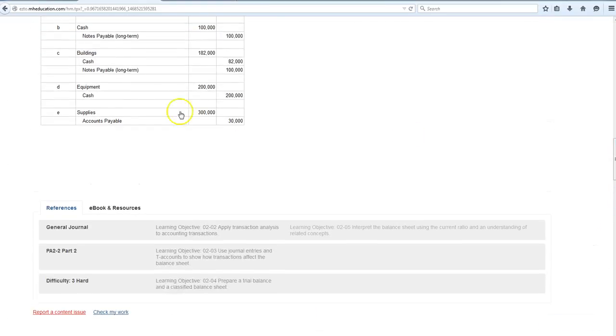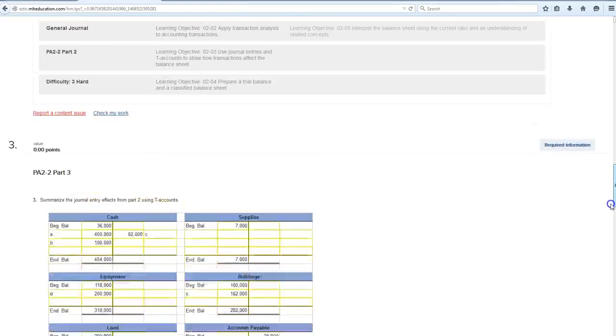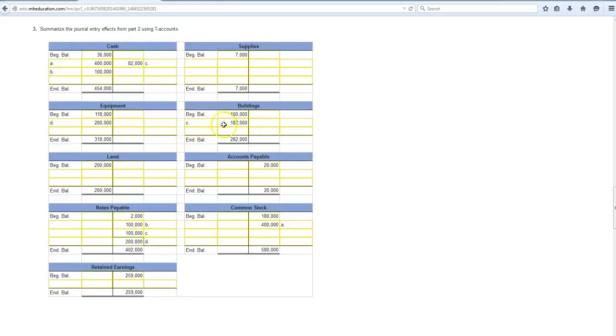Finally, supplies, we debit that for $30,000 and accounts payable, right side or credit for $30,000. So supplies, transaction E, and accounts payable, transaction E.